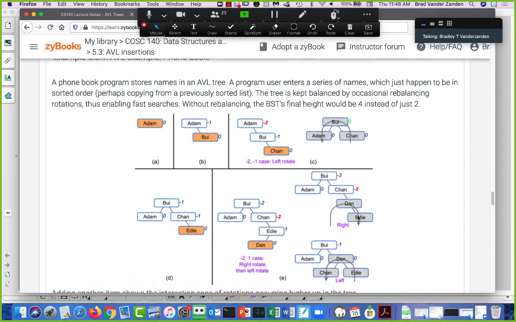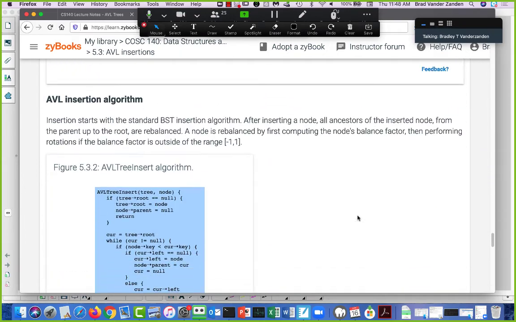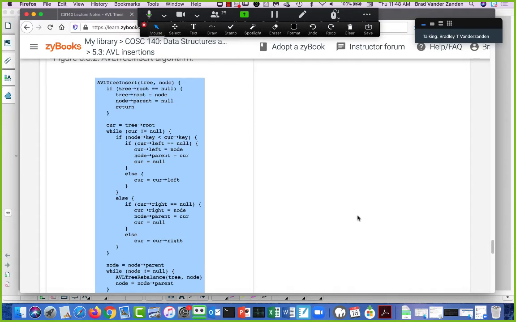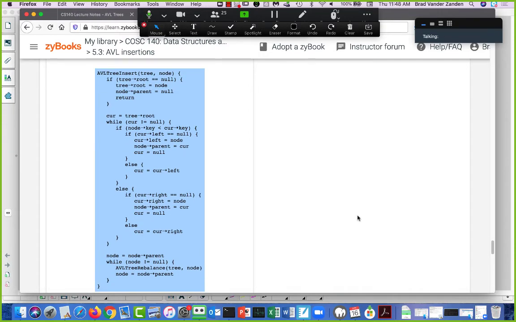So we're going to look at the insert code now. And you've seen this initial insert code before because it's simply the same code that you use to insert into a binary search tree.